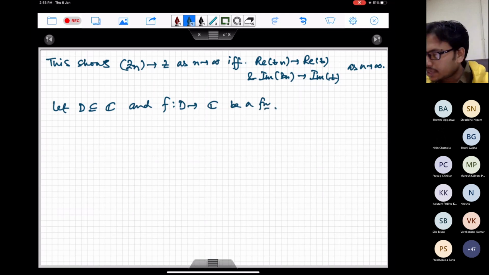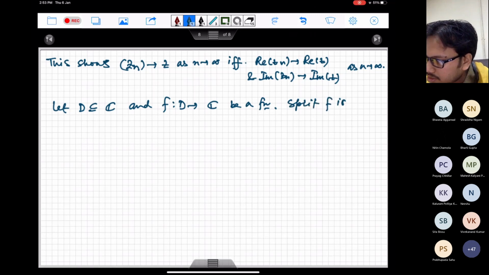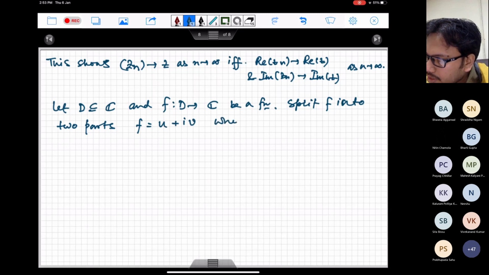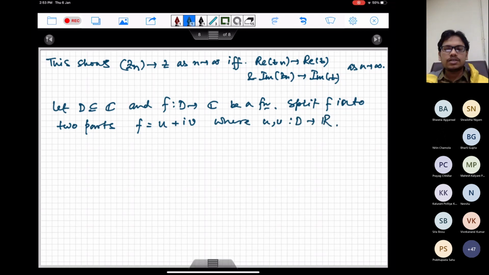Since it is getting mapped to C, we can split f into two parts, namely I can write f equal to u plus iv, where u and v are functions from D to R. These are functions from D to R, and u is called the real part of f, and v is called the imaginary part of f.